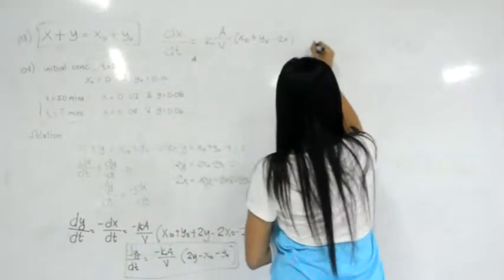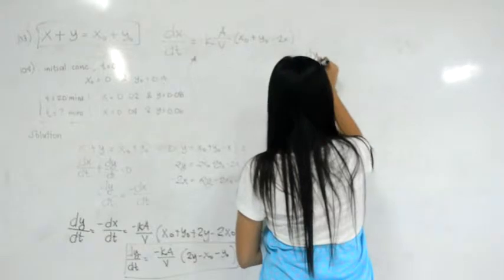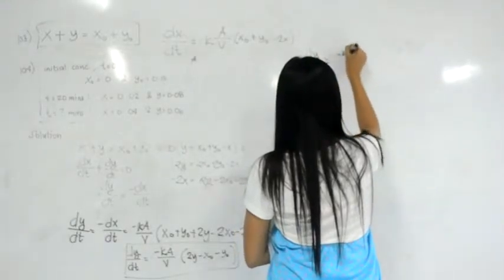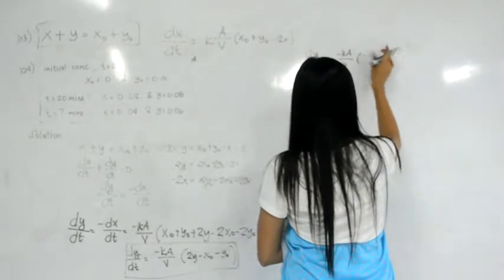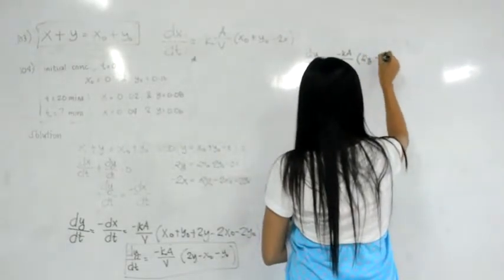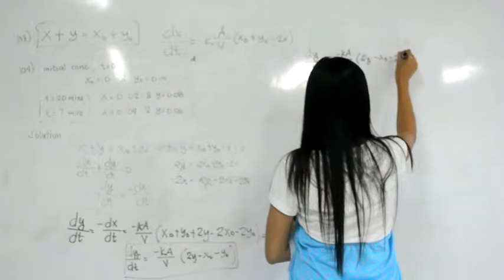Now, dy over dt equals negative KA over V times 2y minus x0 minus y0.